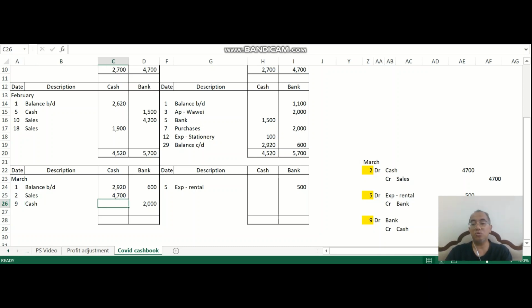You should go to cash, but it is at the credit side. So this is the credit side. To go to cash. How much? 2,000. So we put here 2,000. What about it? Because of bank. When? On the 9th.